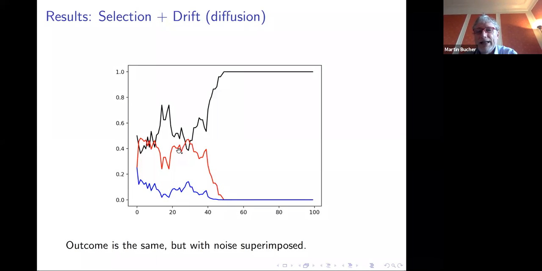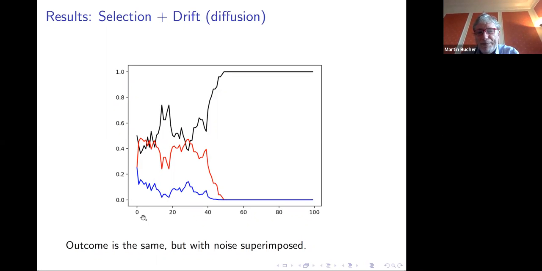So you see, we run one of these examples again, where the blue recessive trait is going away, and it does so, but in a noisy way. So nothing really new happens.